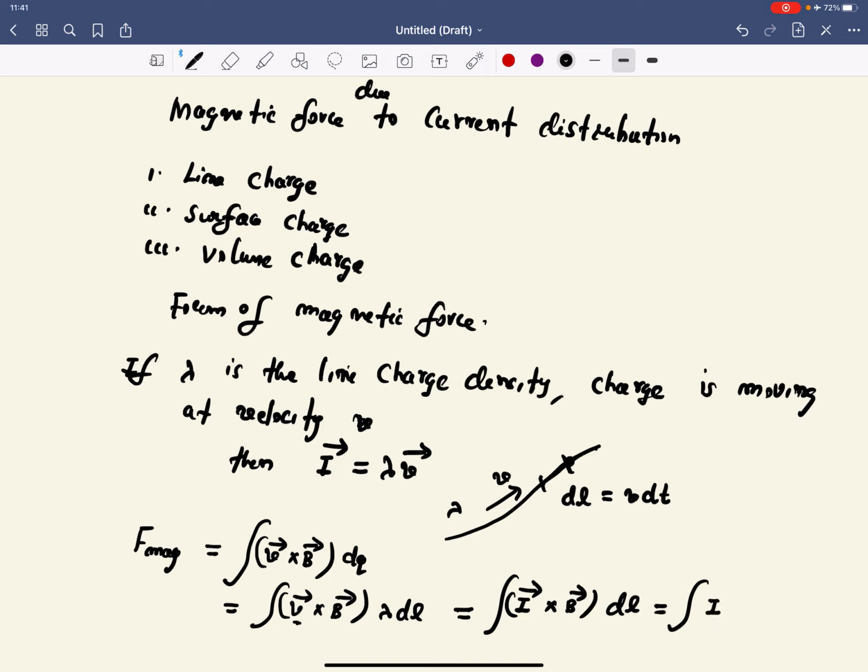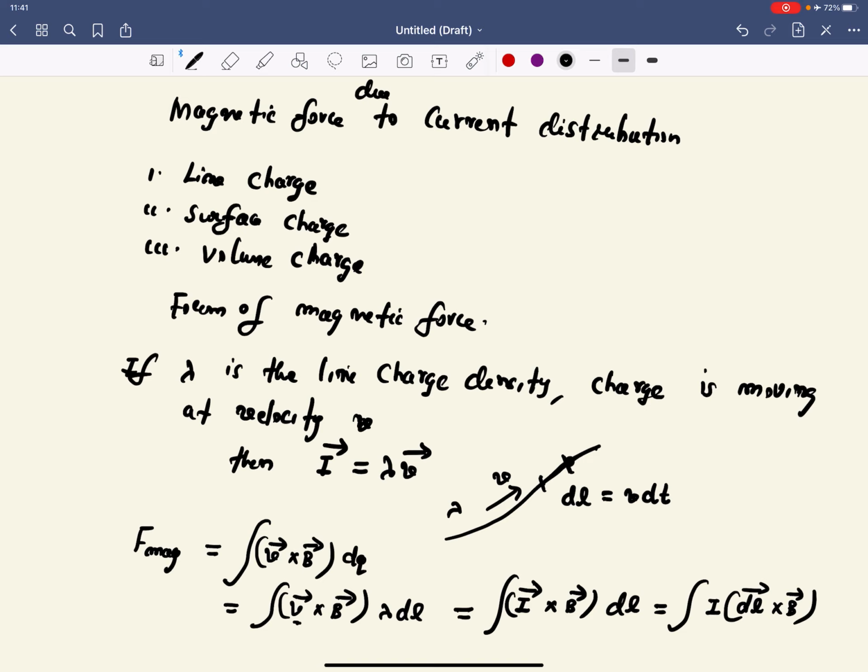Then we can simply rewrite this as I dl cross B, and we can even take this I out of the integral, because in most situations I is a constant in magnitude.